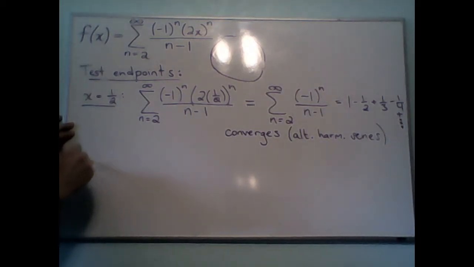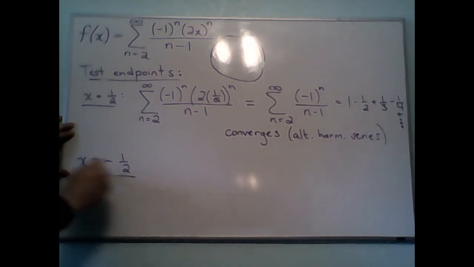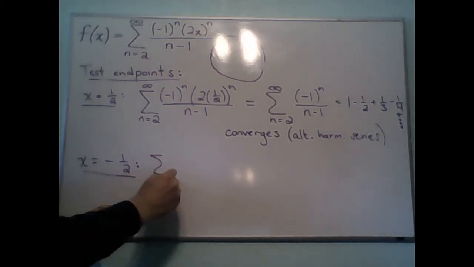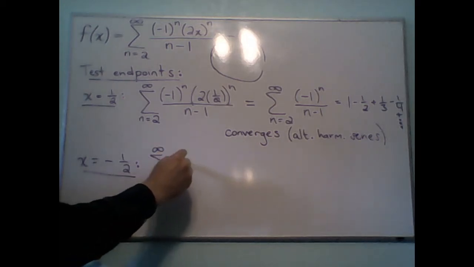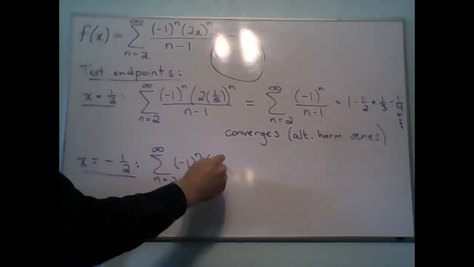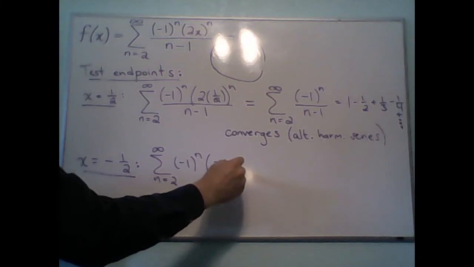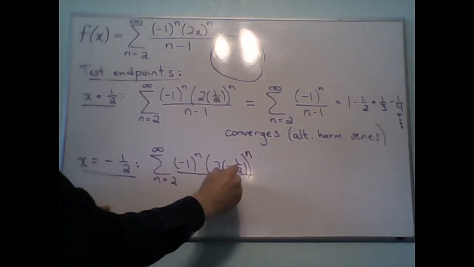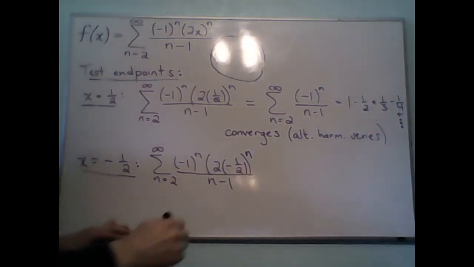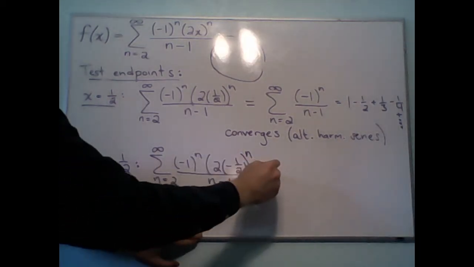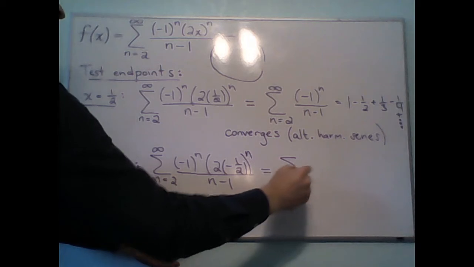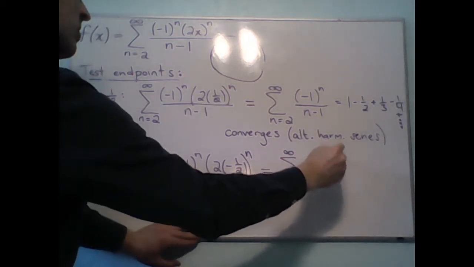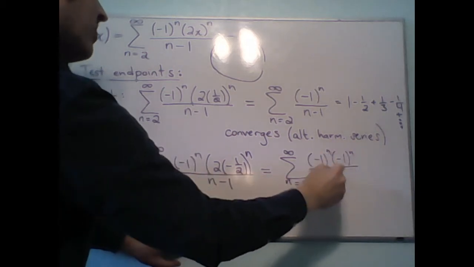Now let's try the other endpoint, x equals negative 1/2. It's going to be the sum from n equals 2 to infinity of negative 1 to the n, 2 times negative 1/2, all raised to the n, divided by n minus 1. So now we've got negative 1 to the n and then times negative 1 to the n over n minus 1.